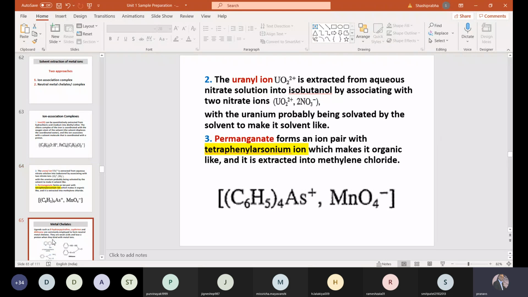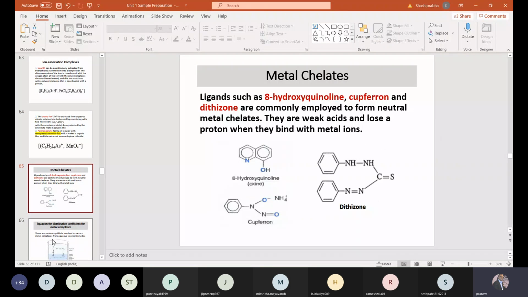And the other thing which I'll possibly start next time when we meet on Monday is the metal chelates. These are very well known reagents which are used to extract cations from aqueous solutions, because the stability is very high.